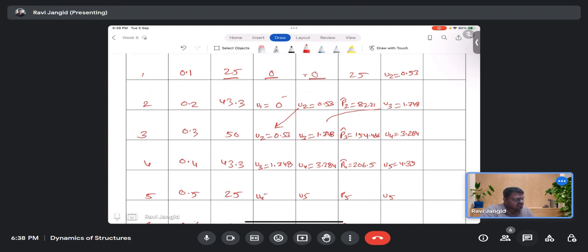Now my u4 is 3.284, so my u5 is 4.39. So corresponding to that, my P5 is 201.32. So my u5 becomes 4.28.